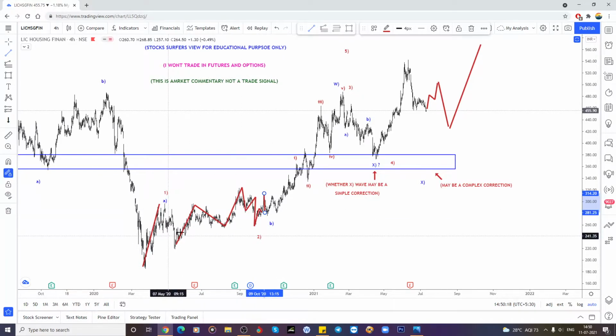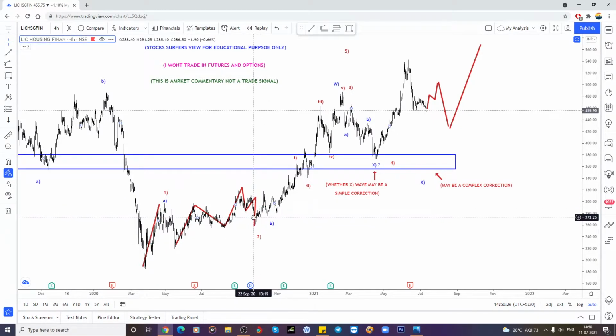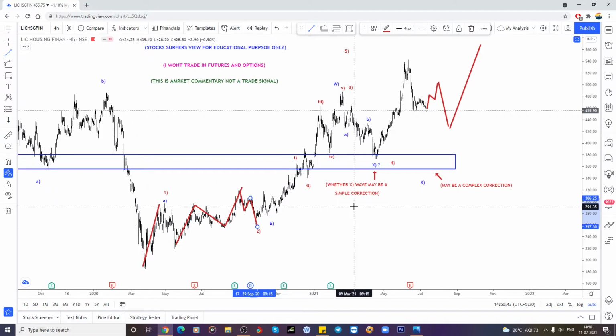So this is A, B, C, D, and E. That is why I have marked this as a B. But in that third wave, the diagonal wave is also allowed in the third wave. So whether this is the end of the second wave, see, this ABC is a B, and in the WXY formation, you just keep this as a 2.